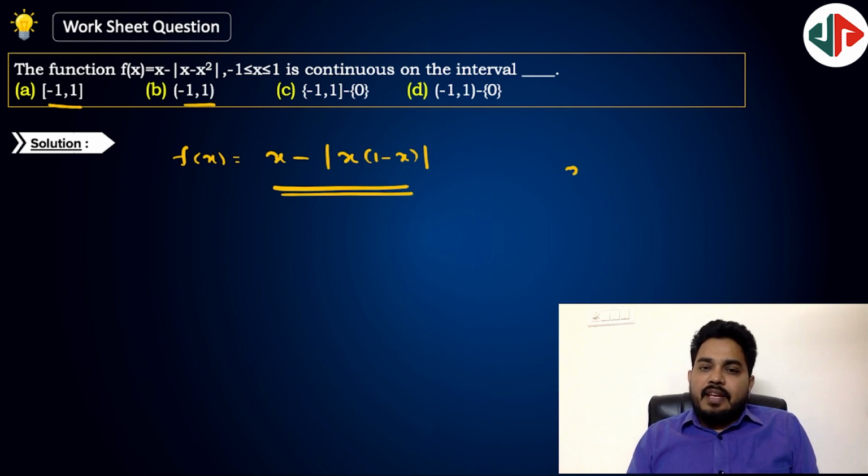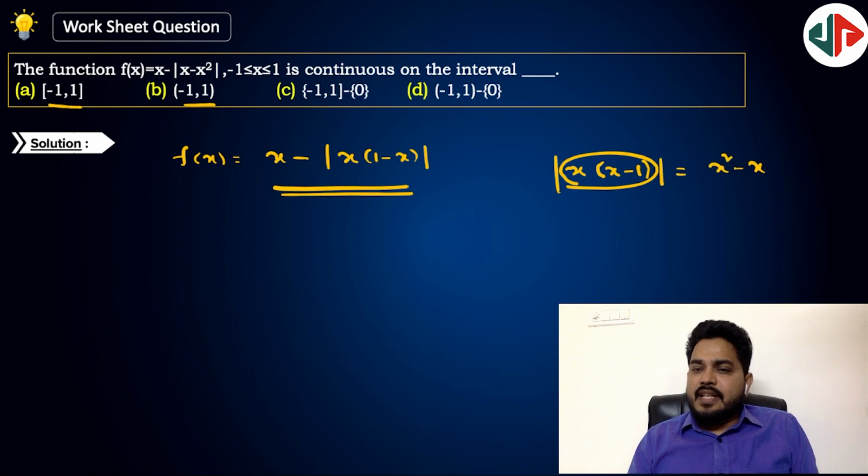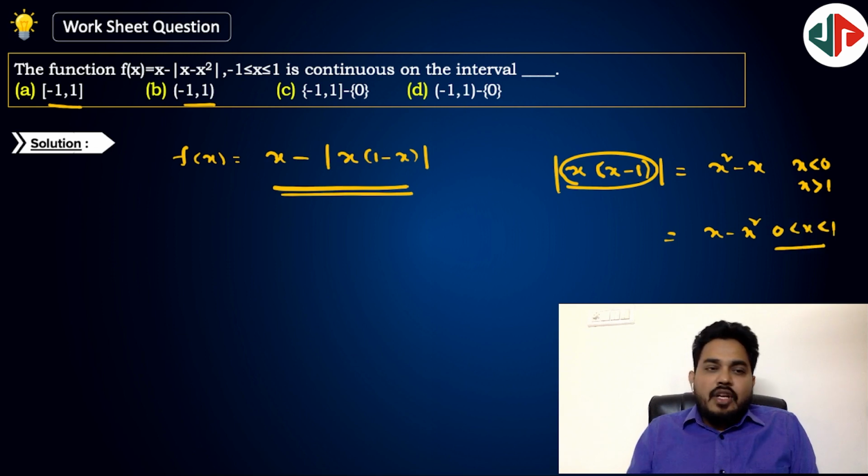X into x minus 1, if I take modulus of this, is equal to x square minus x, if x is less than 0 or x is greater than 1, is equal to x minus x square, 0 less than x less than 1. So f of x is equal to x minus x square plus x if x is less than 0, is equal to x plus x square minus x.